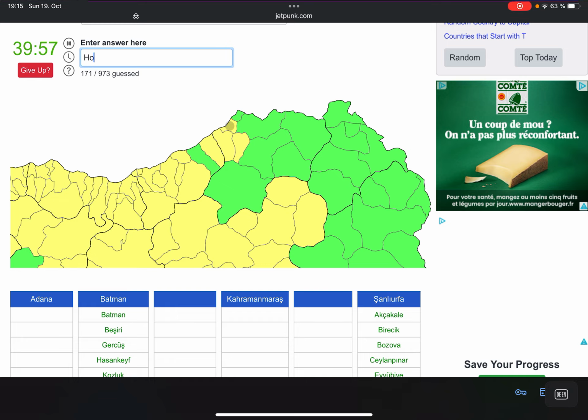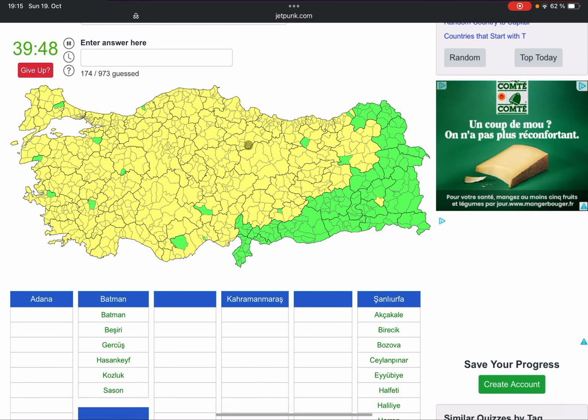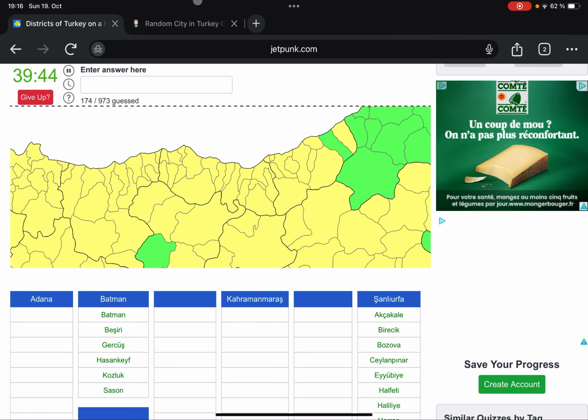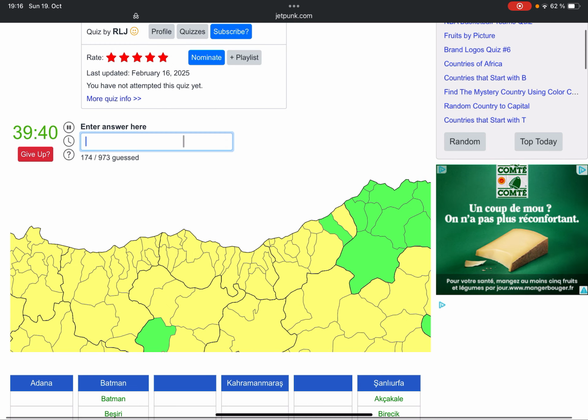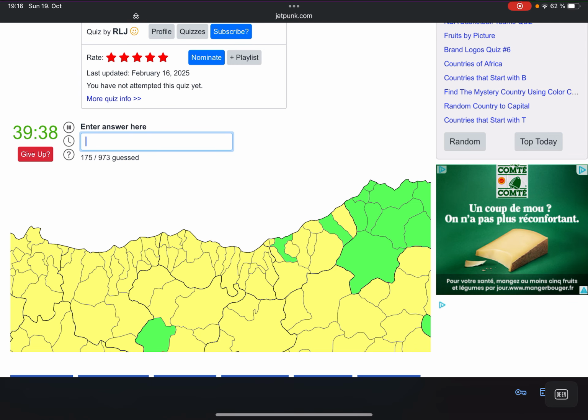Then we have Hopa, we have Murgul and Arhavi. Going over to the province of Rize, where the capital district is also called Rize. We have Güneysu.